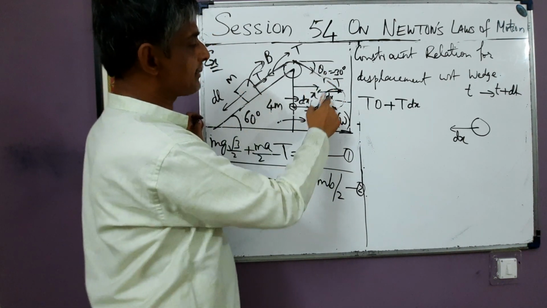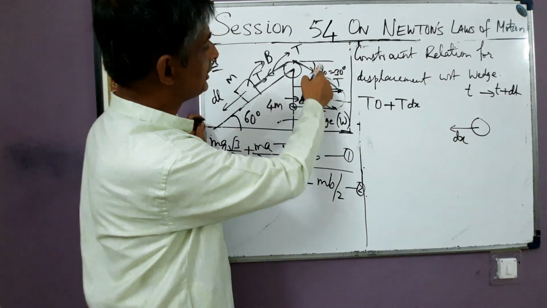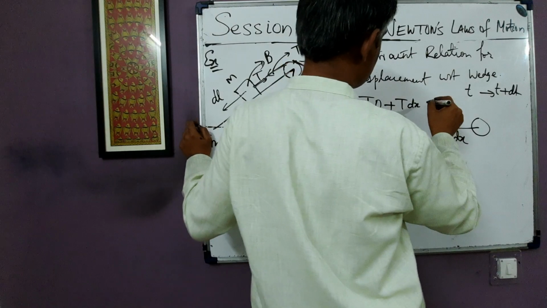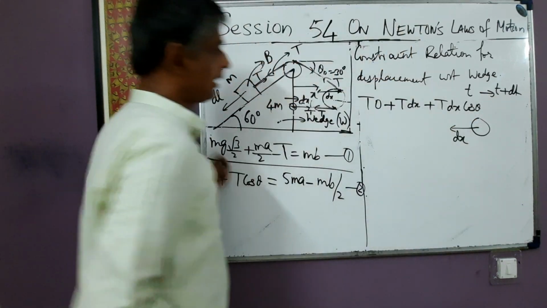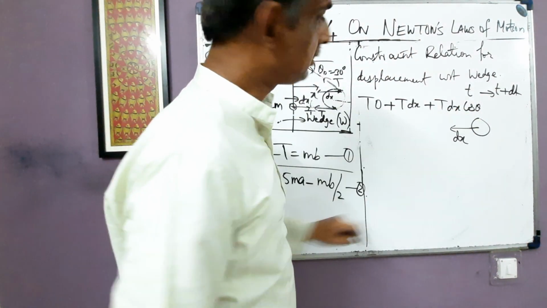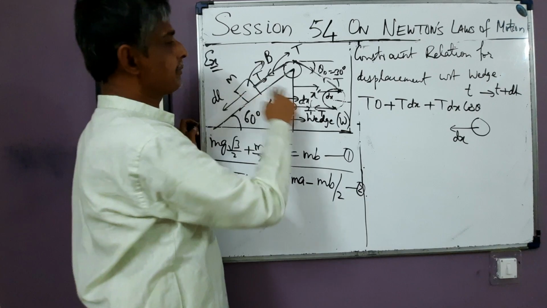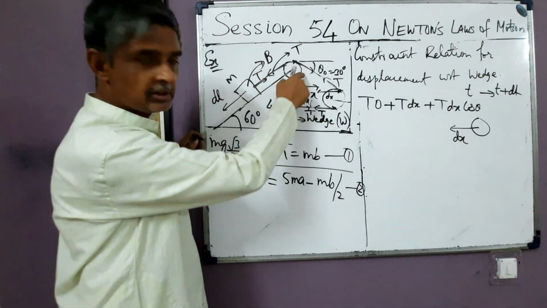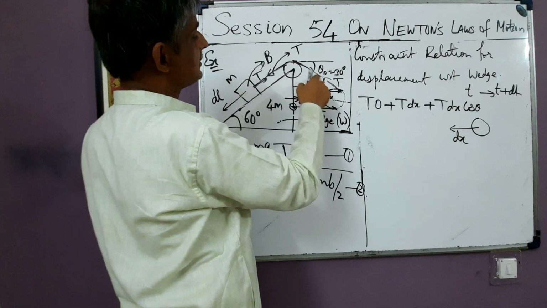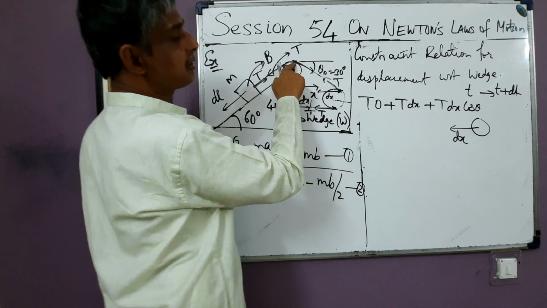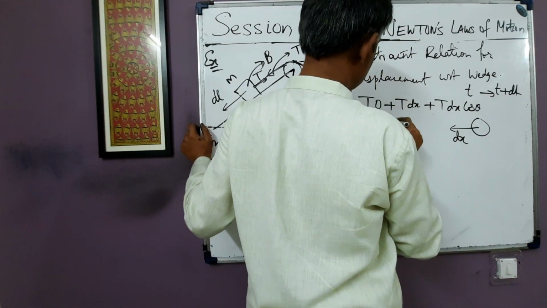Here this was theta naught, but I am writing it at an arbitrary time, so it is not theta naught but theta. So plus T dx cos theta. I suppose it is clear what I have said here. I am not writing this at time 0, I am writing it at an arbitrary instant, which I have shown in this diagram itself. Now come to this point. Here T acts, and with respect to the wedge this has 0 displacement, so plus T into 0.